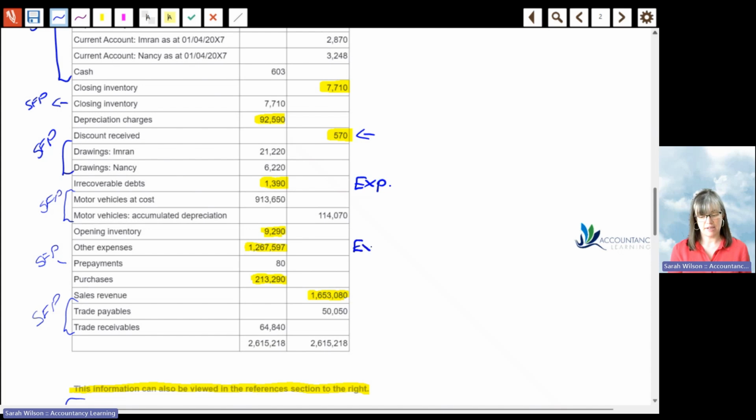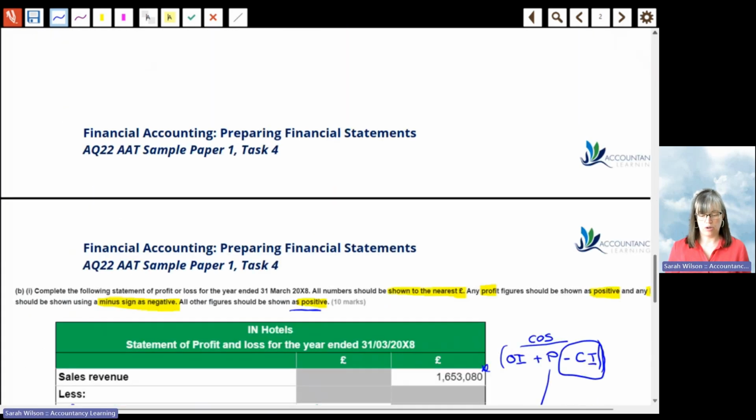Our other expenses is going to be an expense. And our depreciation charges was an expense as well. So we're now going to be putting these figures into the statement of profit or loss.